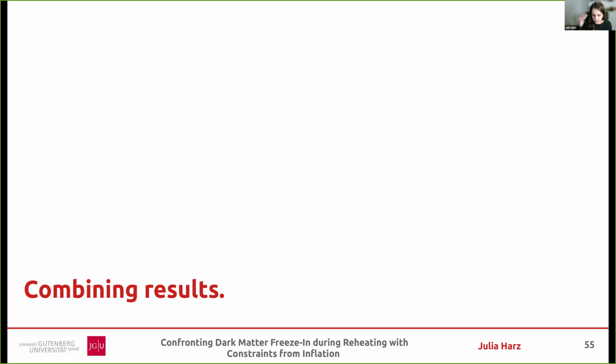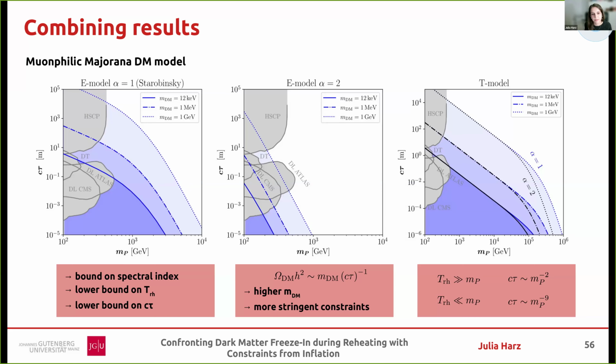Okay, so now let's put these things together. On the one hand, the collider constraints, on the other hand, the inflationary constraints. And the cross-link is the reheating temperature that we can constrain via the inflationary constraints. And this is the combination. So what do you see here? These are now for the different inflationary models, so that you get an idea how much this depends on it.